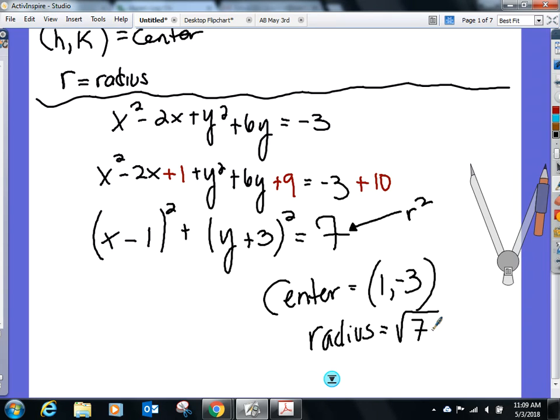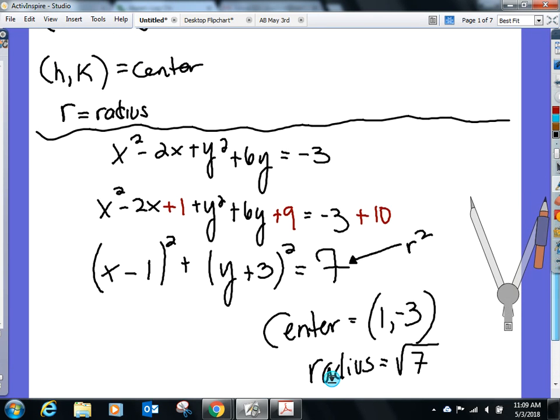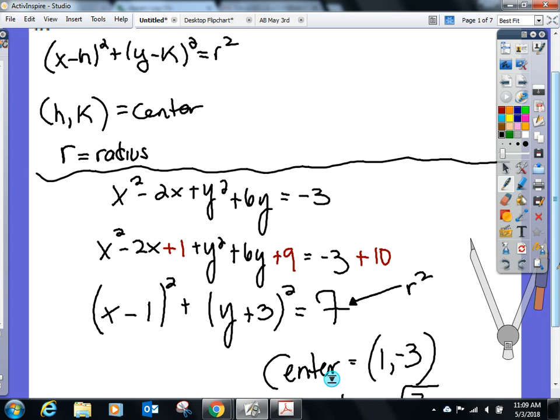All right, so there's a little completing the square for you. Sure, we'll go right ahead. How does it go to 1, negative 3? Okay, remember the equation. x minus h, right? So x minus h. And y, how did I get a positive there?